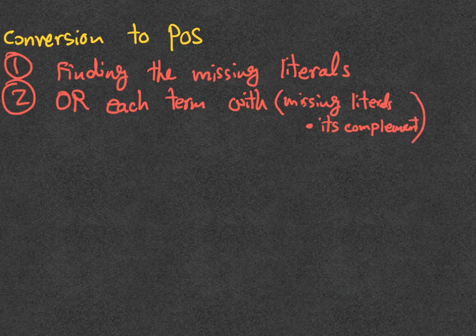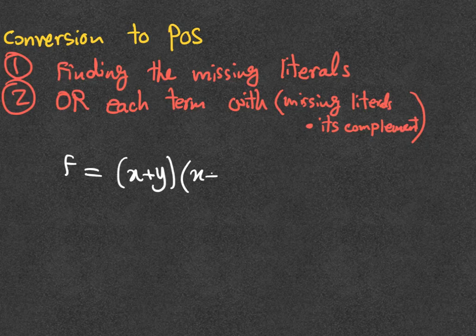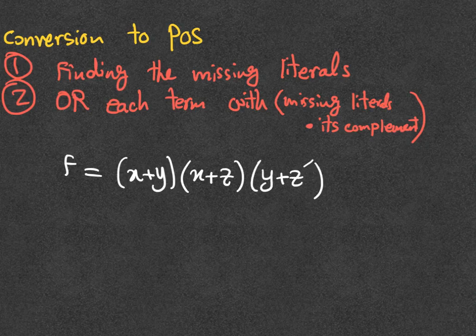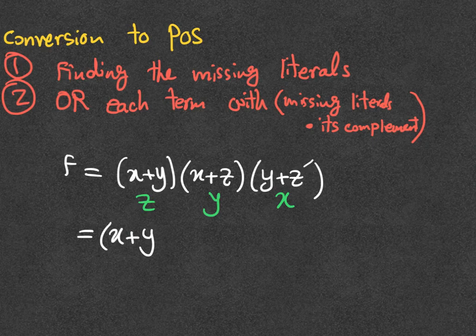So let's say you have this F. First you find the missing term, so it's Z here, this is Y, and this is X. So you write down X plus Y, and then you OR with the missing literal multiplied by its complement, Z times Z prime.